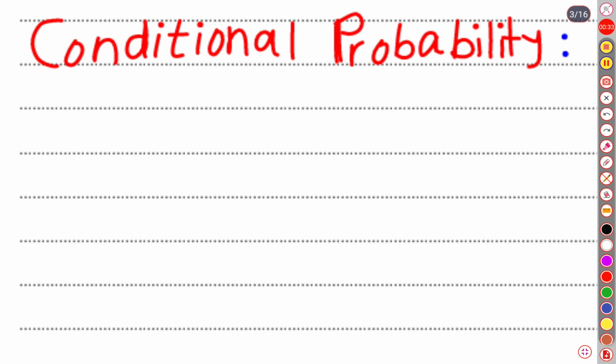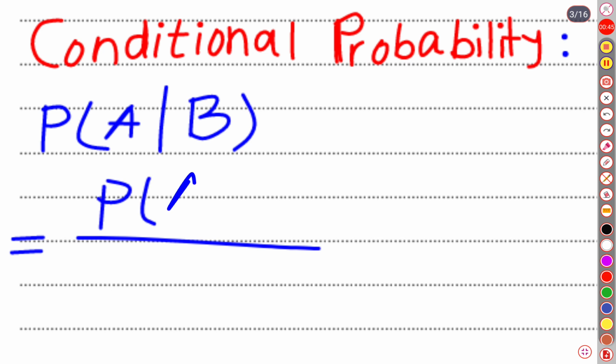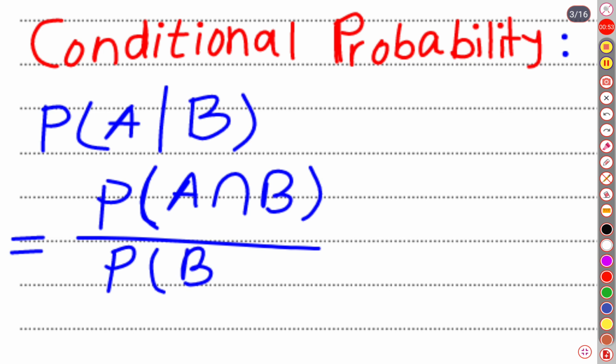And the fundamental formula for conditional probability is, suppose probability of A given that B, the formula is probability of A intersection B over probability of only B. So this is the formula for conditional probability, that is A given that B is already there.